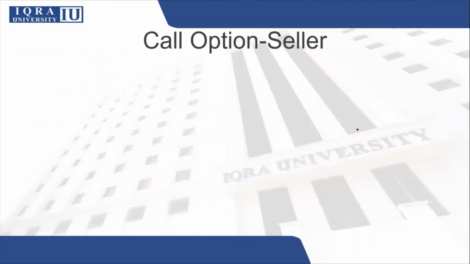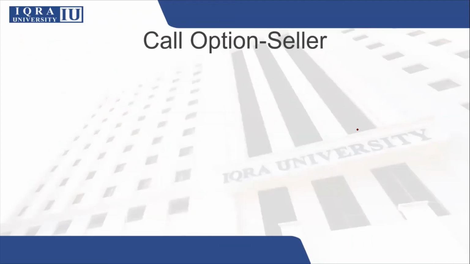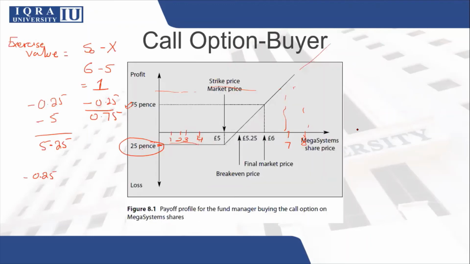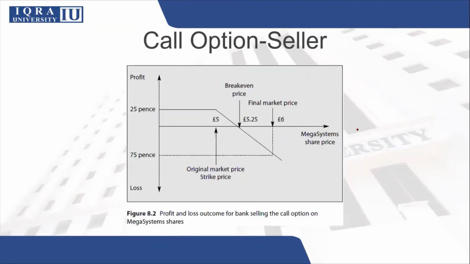Now moving ahead, this was the buyer of the call option. On the other end, you have the person who is the seller of the call option, who we call the writer of the call option. Now this person is obligated. The buyer is not obligated, but the seller is obligated to honor the contract. So if the buyer decides that, yes, I will use my option and I'm going to purchase the stock, the seller is now bound to sell his stock at that price.